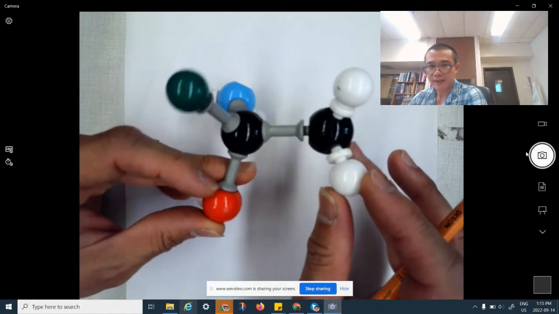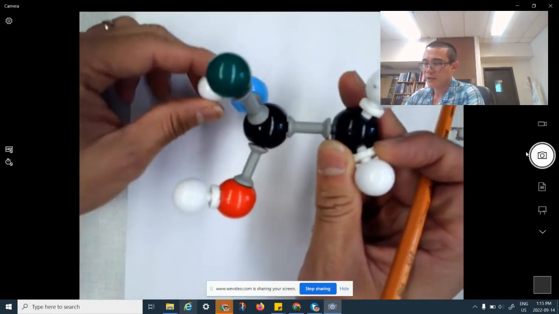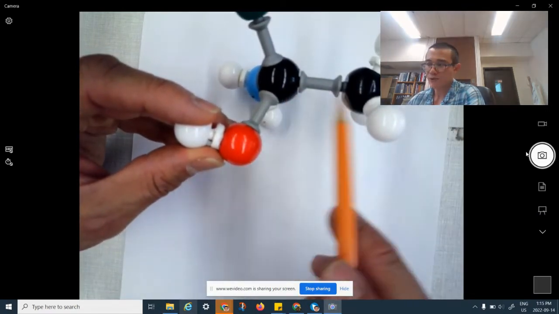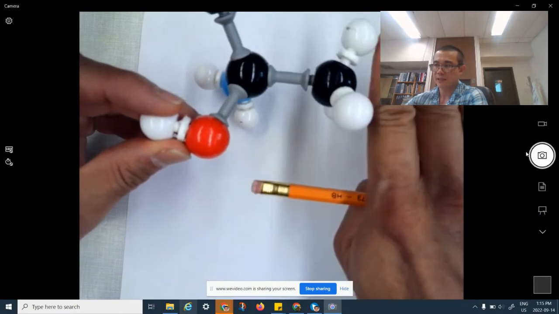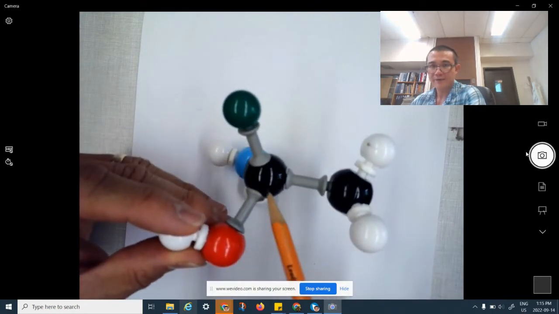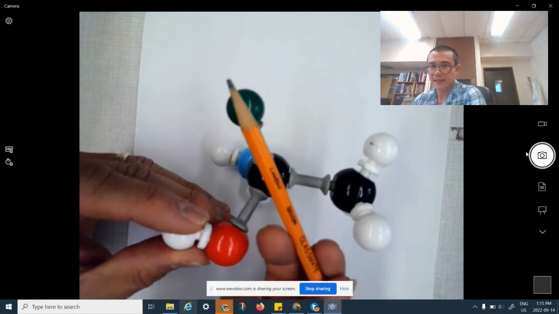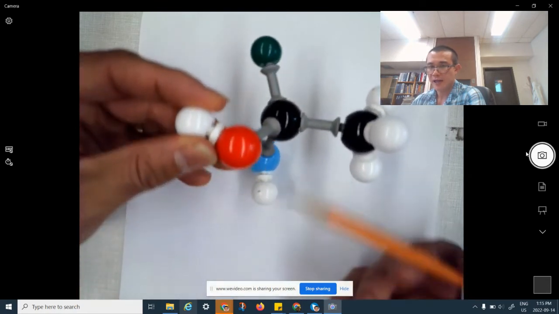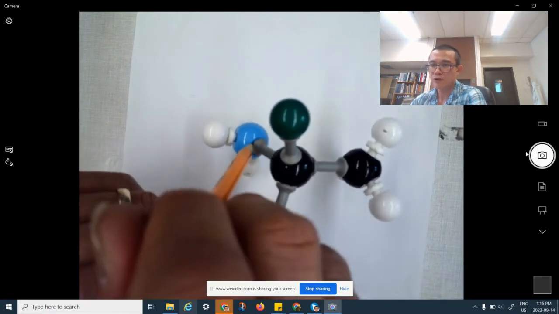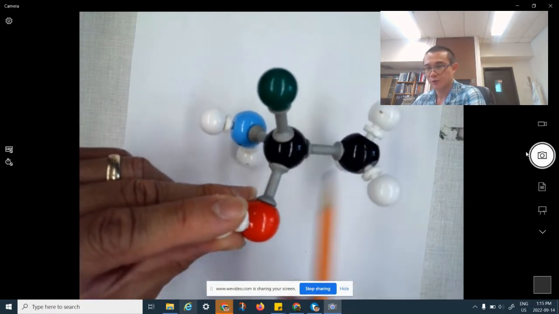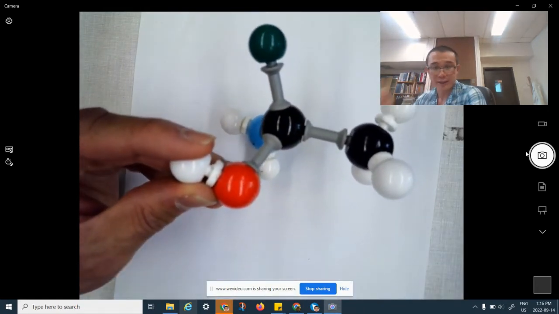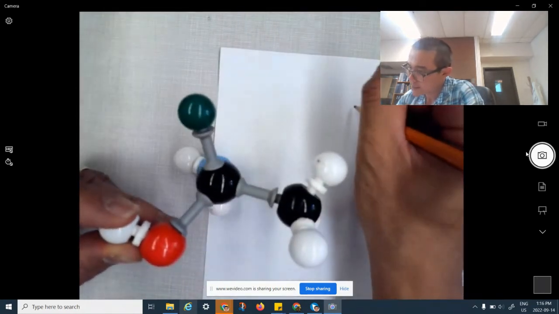If I draw it like this, it means these 2 carbons are on the same level together. And I will have the chlorine sticking out of the page, sticking forward. I have my OH sticking forward, and this nitrogen will be towards the back. So one way to draw this molecule to show the organization in 3D would be something like this.